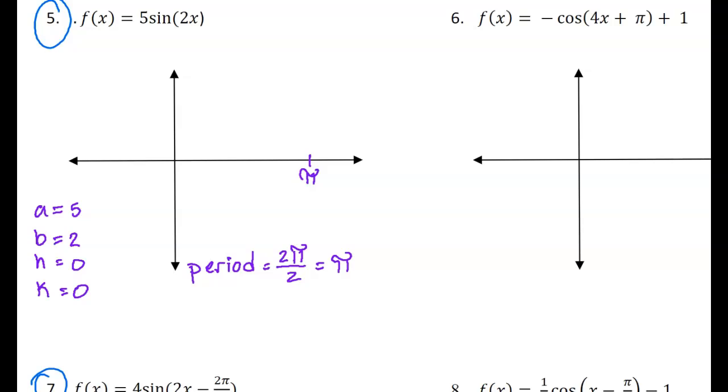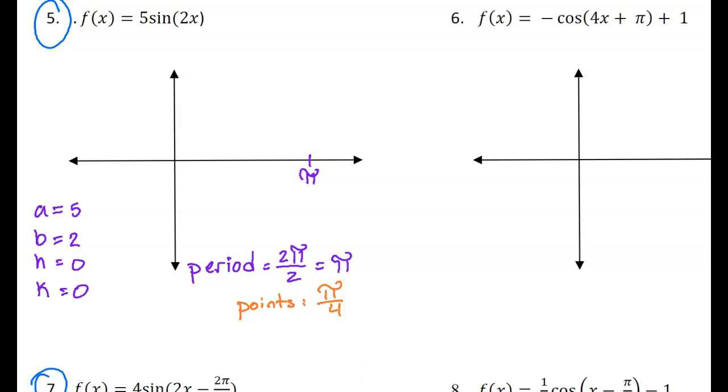And I know that to find my perfect points, I take the period and divide it by 4, which is just pi over 4. So that means you're going to have a tick mark every pi over 4.